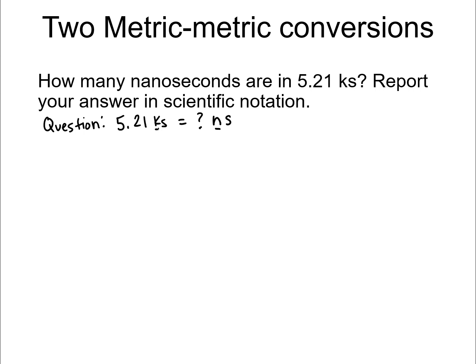So our goal is to go from kiloseconds to seconds, and that will be our first unit equation. Then we'll go from seconds to nanoseconds, and that will be our second unit equation. So two metric conversions are just like doing two of the single conversions that we were doing. We're going to put two unit factors back to back.